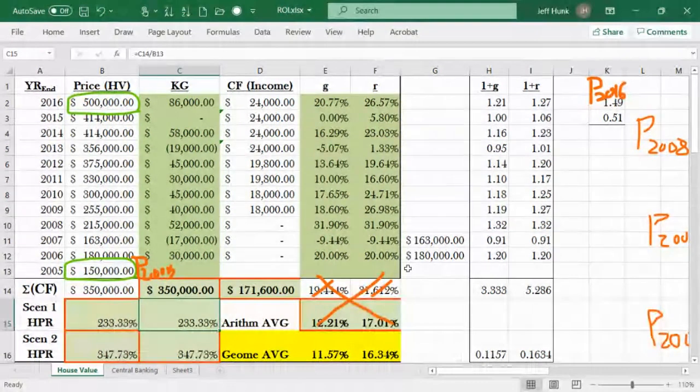Rent payment. So holding period return for 11 years under scenario 1 is 233%, but holding period return under scenario 2 is this, 347.